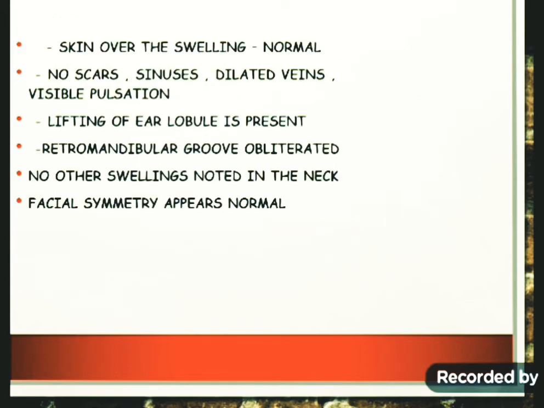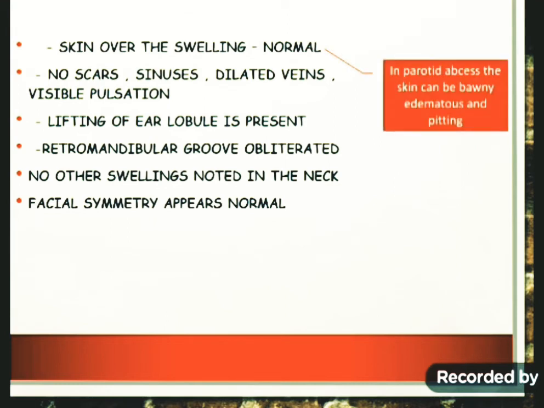If it was a parotid abscess, the skin can be edematous and pitting, but there's no pitting edema or anything like that. Then there are no scars, sinuses, dilated veins, or visible pulsations. If the patient had undergone any surgery previously, there would have been scars here, but he is not having any such thing. Then the lifting of the ear lobule is present and the retromandibular groove is obliterated.